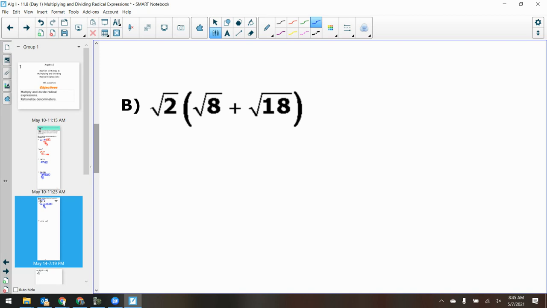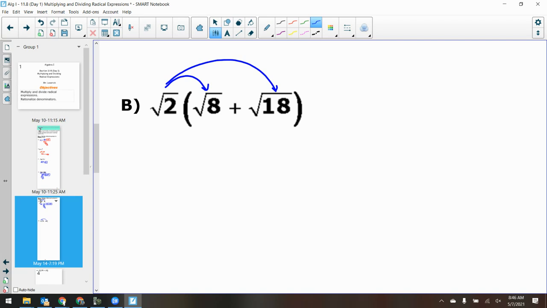Now, when I multiply in here and here, I am going to multiply the 2 and the 8. Why does the 2 get multiplied by the 8? Good, because they're both in the square root.